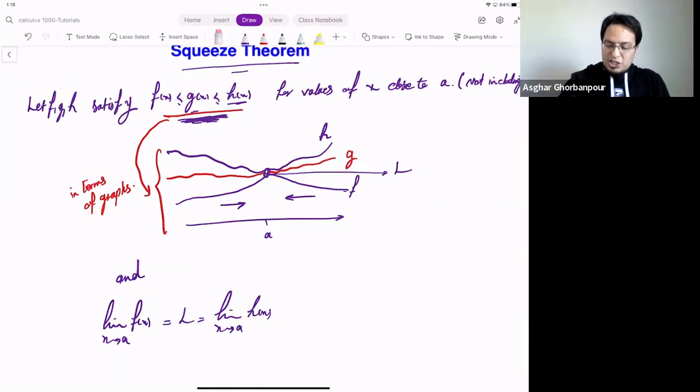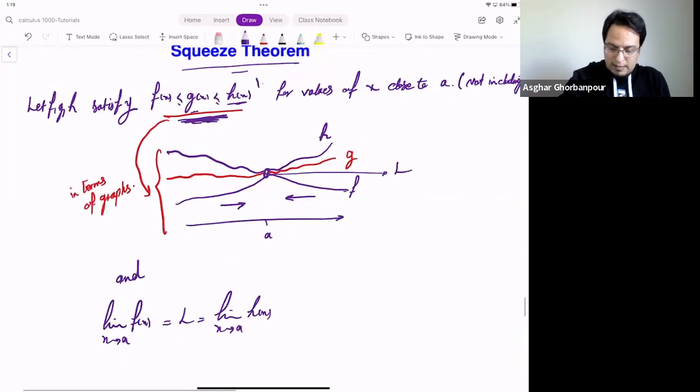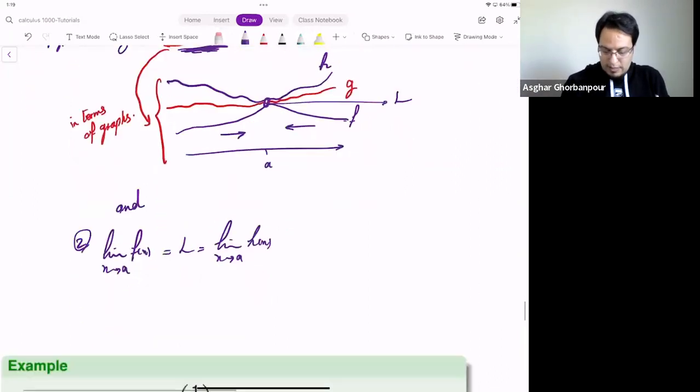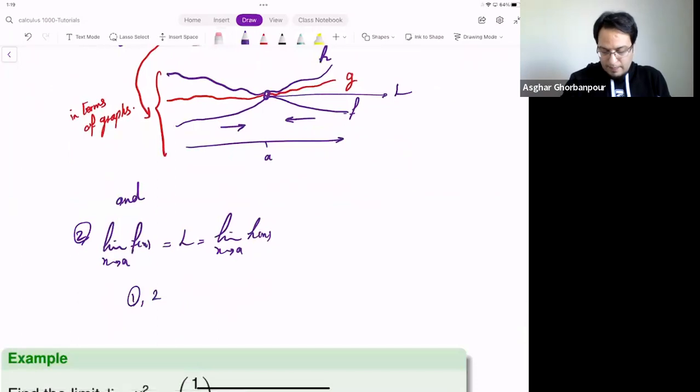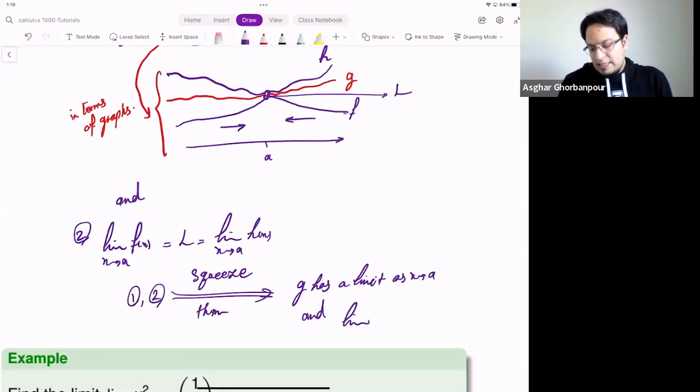Now, if function g is between them, then from 1 and 2, the squeeze theorem, or what's sometimes called the sandwich theorem, implies that the middle one has a limit, and its limit is exactly the limit of the other two.